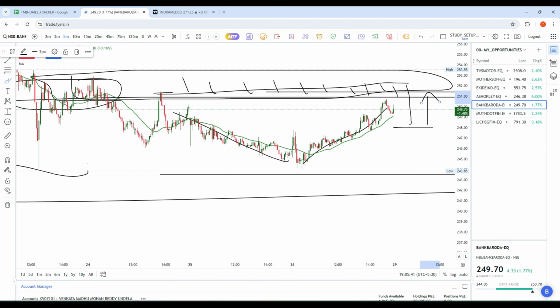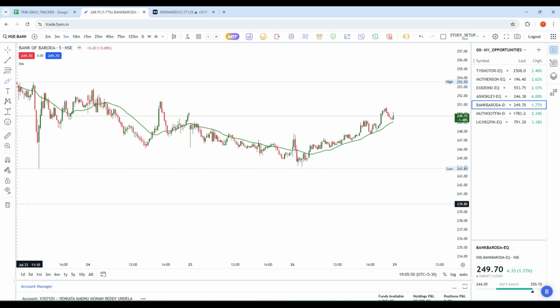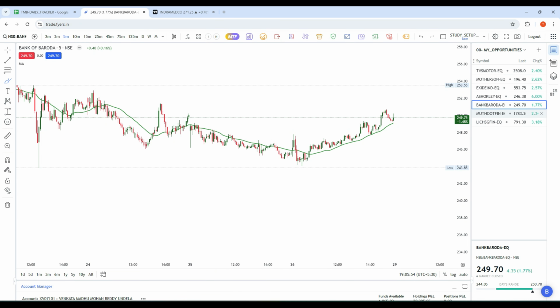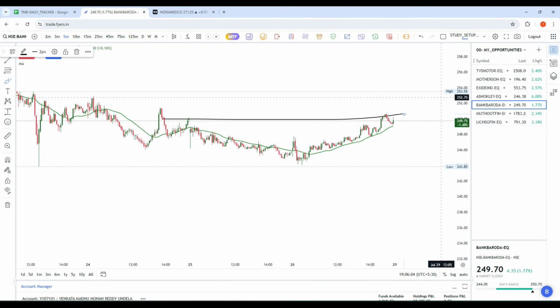This is what Bank of Baroda, any PSU stocks, the PSU bank index, if it opens in green, we can right away look for the opportunity in Bank of Baroda. Okay, other stocks also in the PSU Bank Index. These are the stocks which have very nice price action trading setups. Please do your own research.